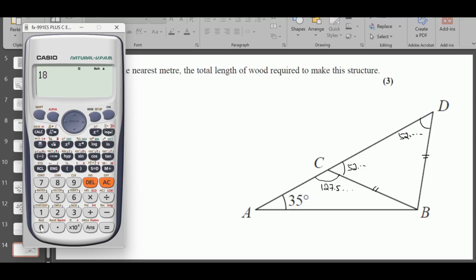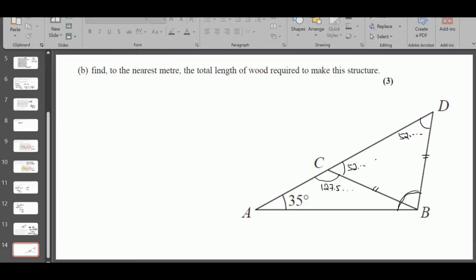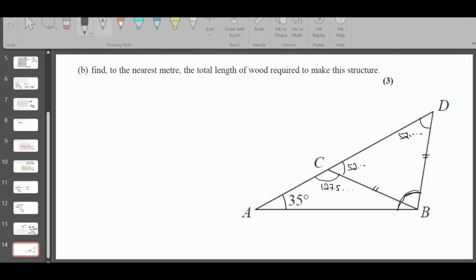So 180 minus A, 52.4, I'm going to store it as B first. So this total angle will be 180 if you consider the whole triangle. The angle at B is 180 minus 35 minus this.